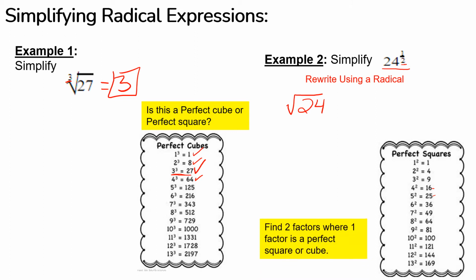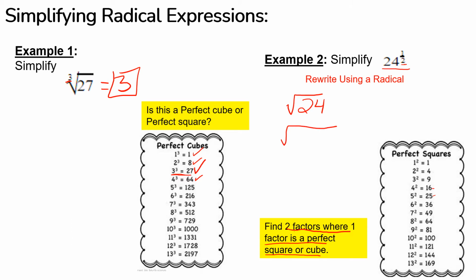So then you want to ask yourself, what are some factors of 24, where one is a perfect square? So we want to find 2 factors where one factor is a perfect square or perfect cube. In this case, since this is a square root, we want to find 2 factors of 24, and one factor is a perfect square.